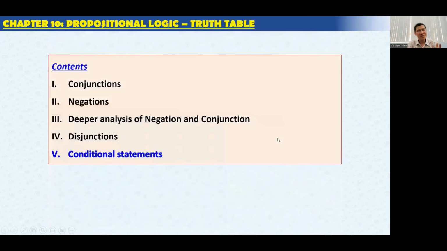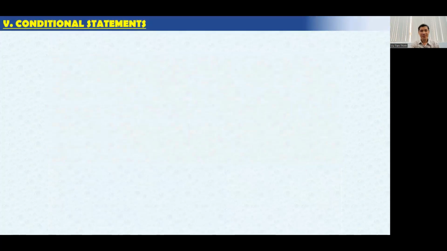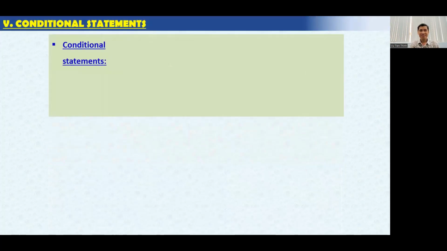So now we are going to move on to the last combination, the last issue, conditional statements. Conditional statements is like an if-then statement, right? And you know that in English already. For the conditional, we have 2 clauses.